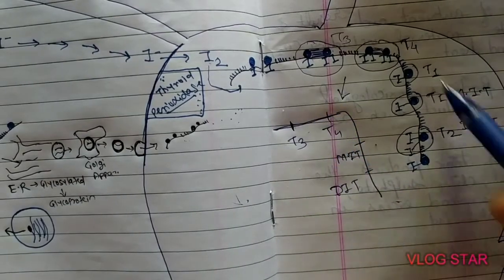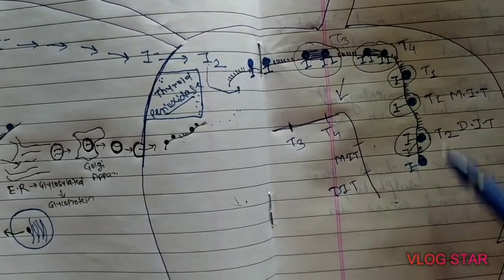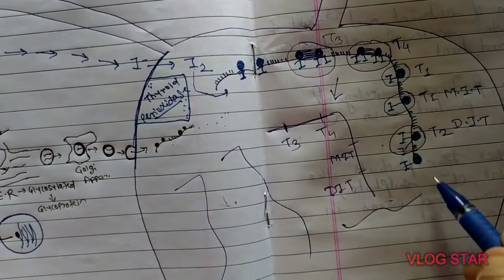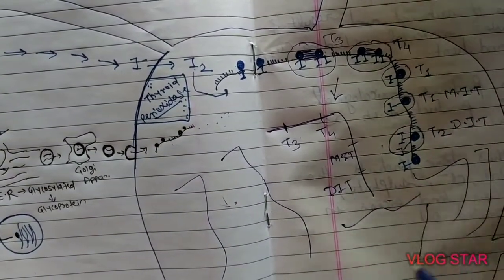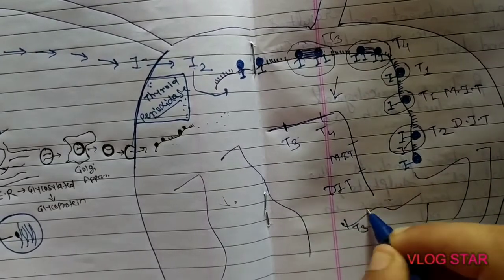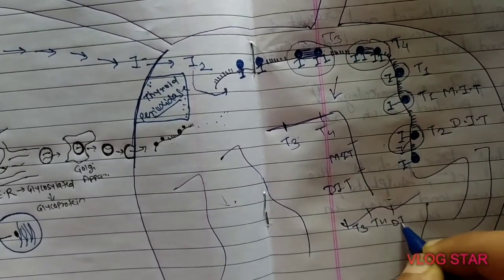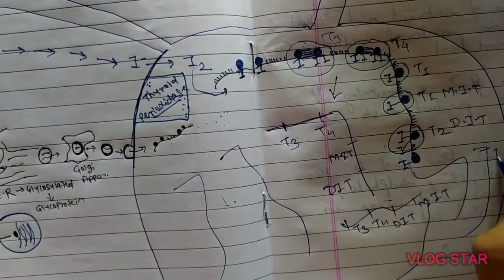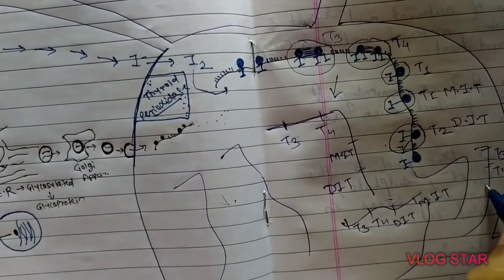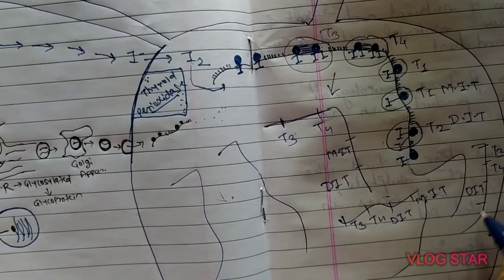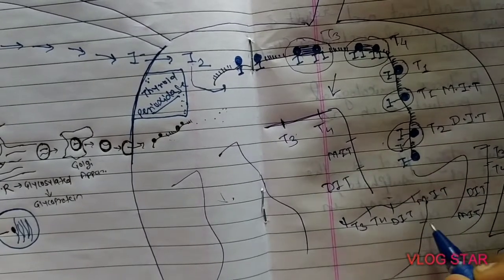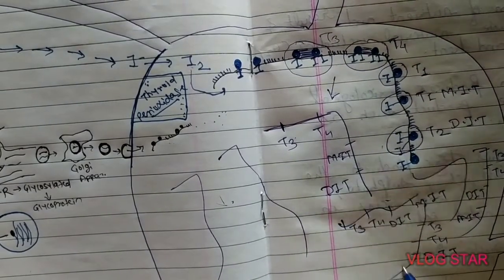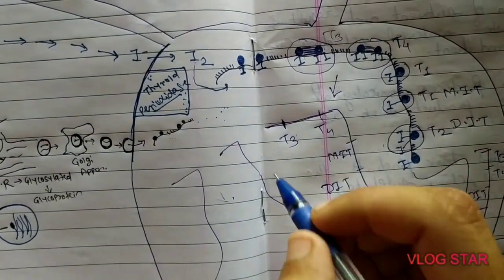So there is a mixture of thyroglobulin molecules, a number of them. Like that: diiodotyrosine, monoiodotyrosine, T3, T4, diiodotyrosine, monoiodotyrosine.